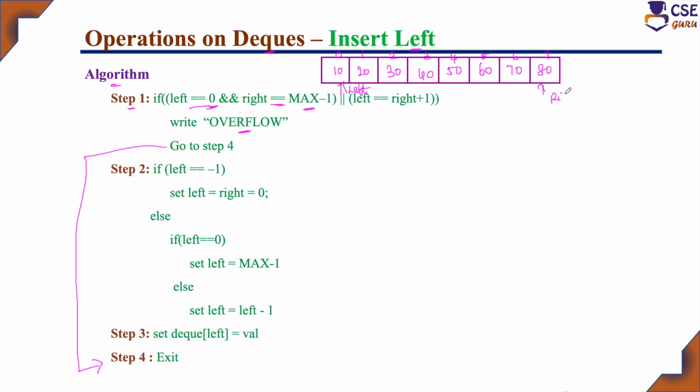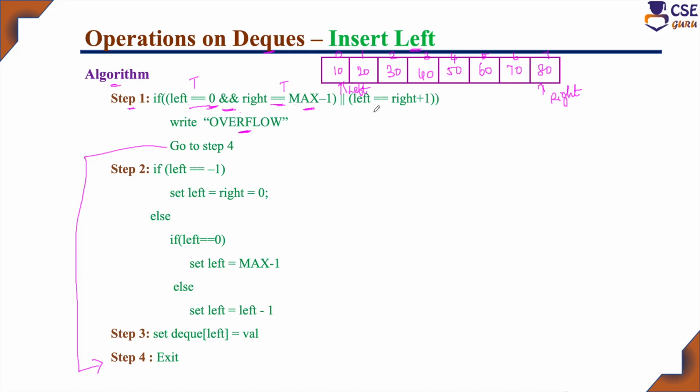So in this case, we have allocated totally 8 memory locations, and all the memory locations have elements. Left is pointing to 0, right is pointing to max minus 1. If both conditions are true, with the AND operator, it will write overflow state and exit. New insertion is not possible here.